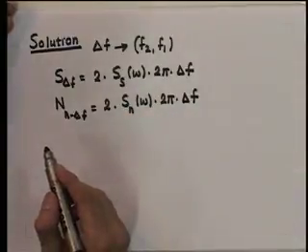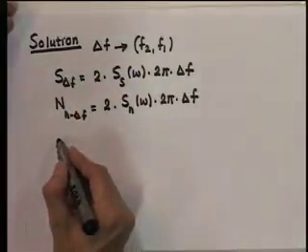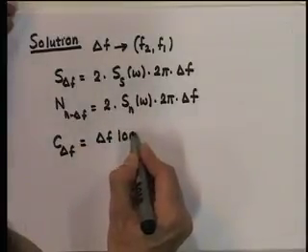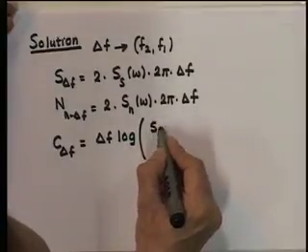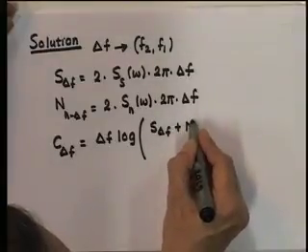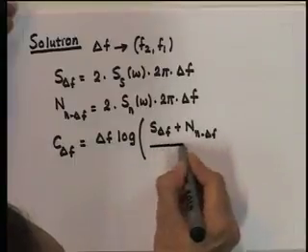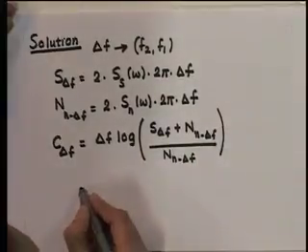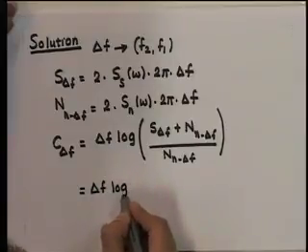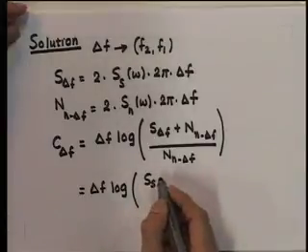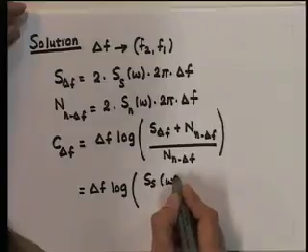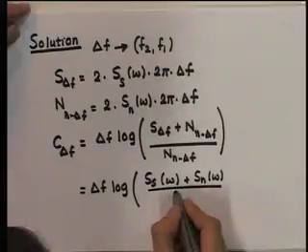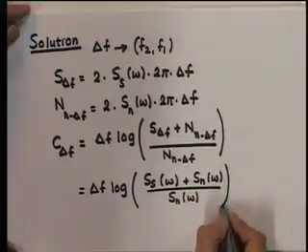Now the maximum channel capacity C over this band delta f is given by C delta f is equal to delta f log of signal power plus noise power divided by noise power, which can be rewritten as delta f log of signal power density plus noise power density divided by noise power density.